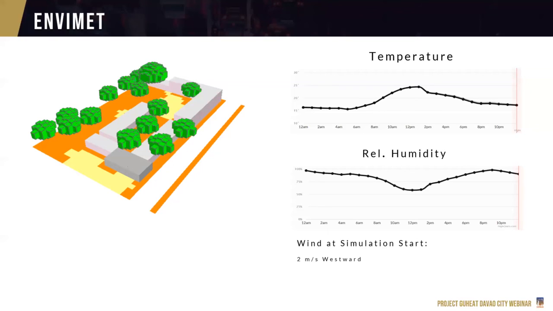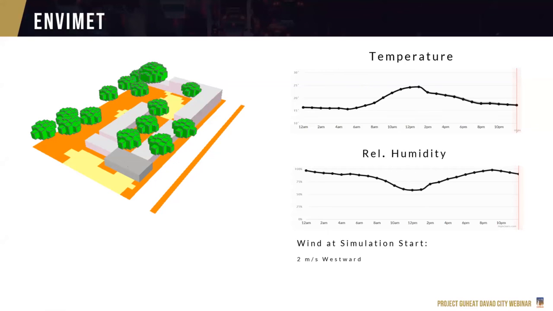You also provide it with atmospheric parameters such as air temperature, humidity, wind speed, wind direction. And the software then takes all this data and simulates the microclimate condition in the area. This simulation can then be used to analyze the effects of the structures and other objects in the area on the environmental factors such as temperature, humidity, wind speed.